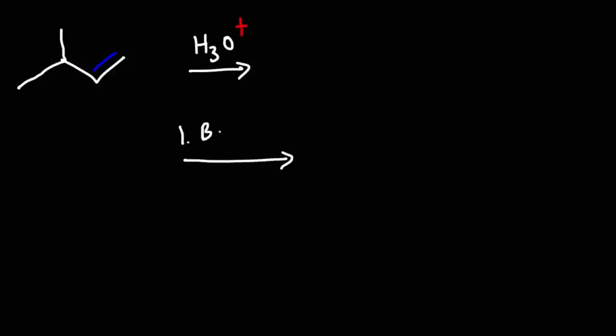Now let's consider some other reactions. Starting with 3-methyl-1-pentene, let's react that particular alkene with H3O+, the hydronium ion. We're also going to react it with, this is a separate reaction by the way, BH3, not boron, but borane, with THF, tetrahydrofuran.